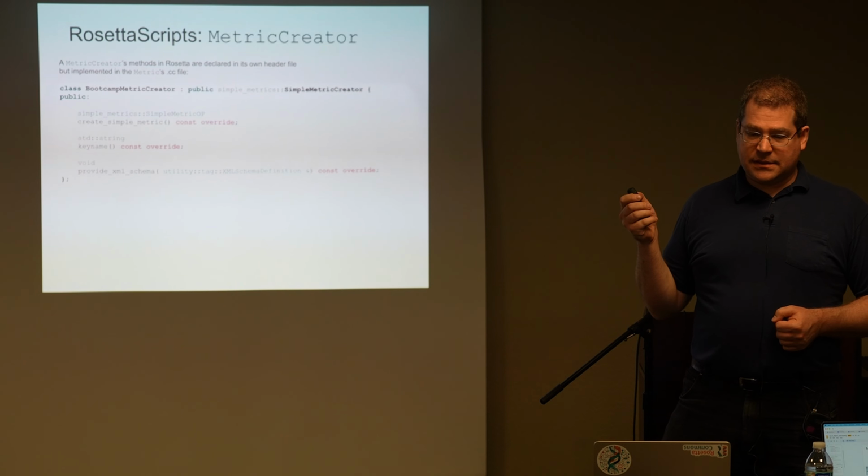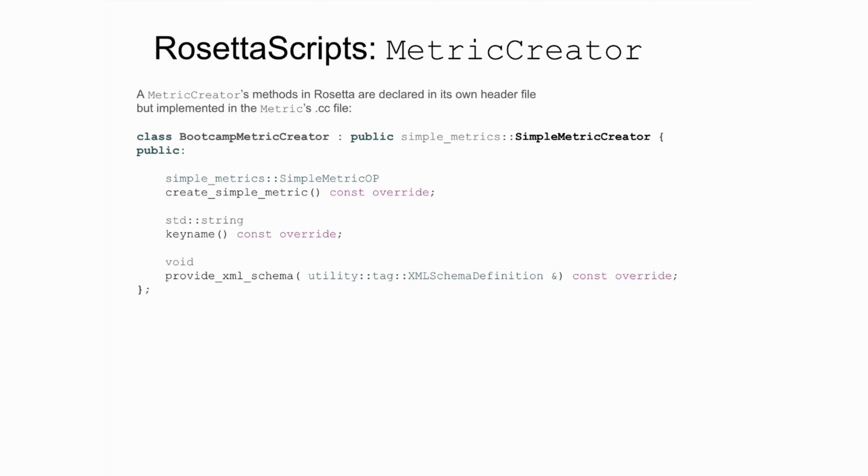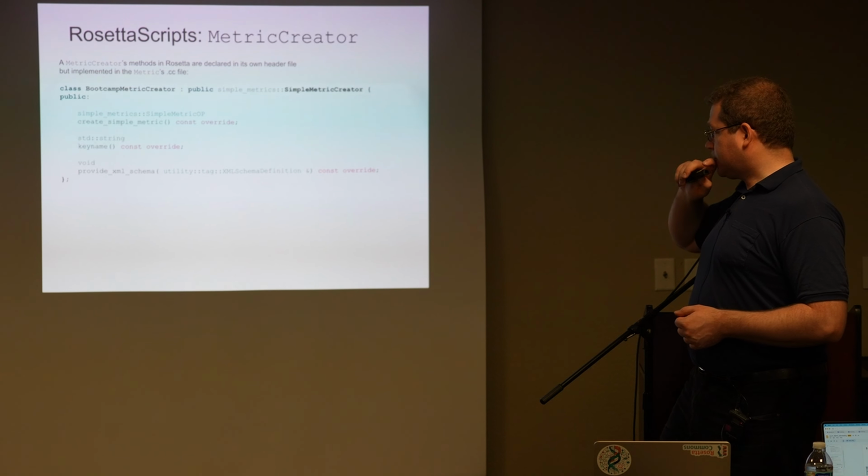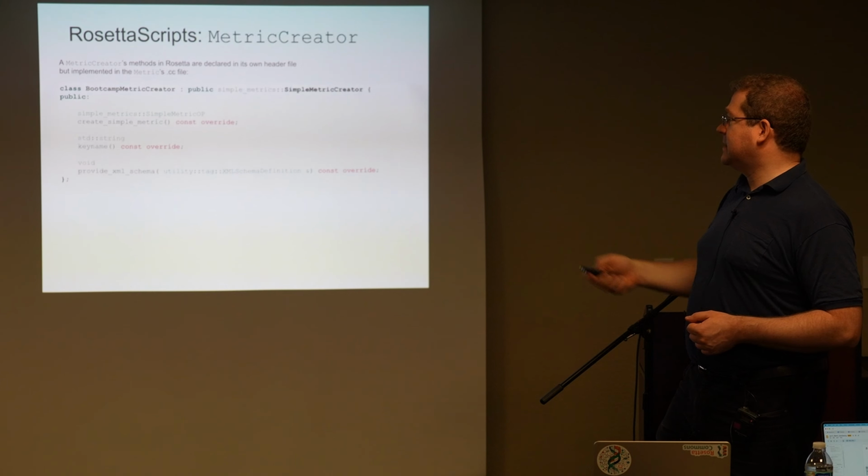And again, just like movers, SimpleMetrics have a metric creator with a similar sort of interface, where there's the name value and the creation functions, and also the provide XML schema.